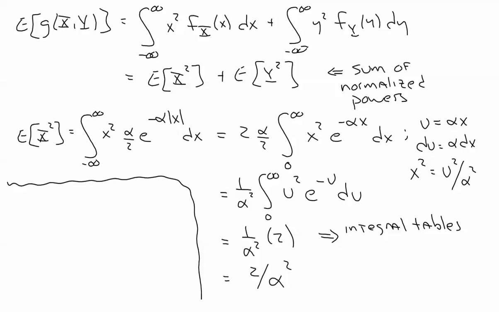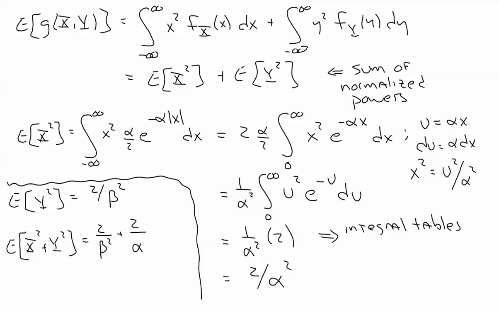So similarly, the normalized power for y squared would just be 2 over beta squared, and then the result for part B is, okay, that's that.